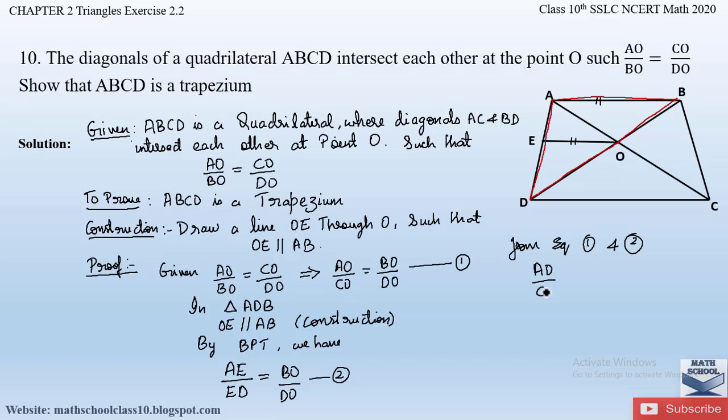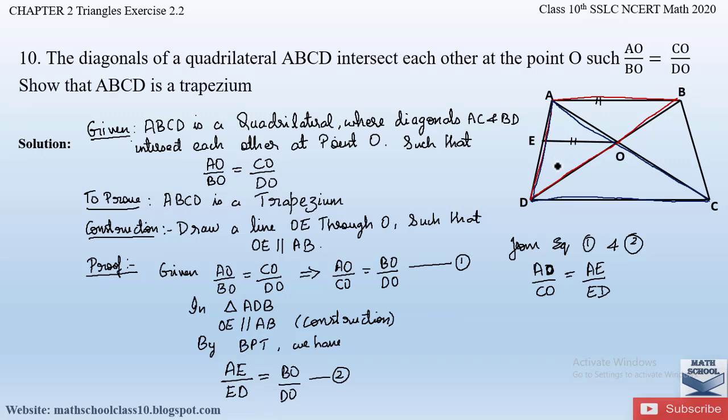Now if you observe the figure and this proportion, AO by CO is equal to AE by ED. Since these two sides are divided in equal proportion, let us consider the triangle ADC. In triangle ADC, you have the sides AO upon OC equal to AE upon ED.